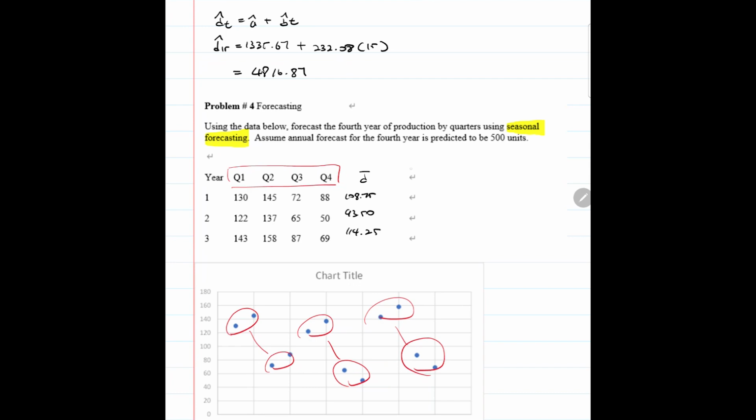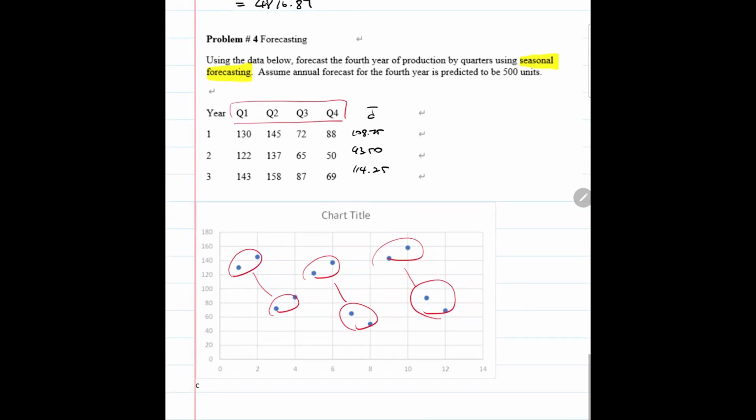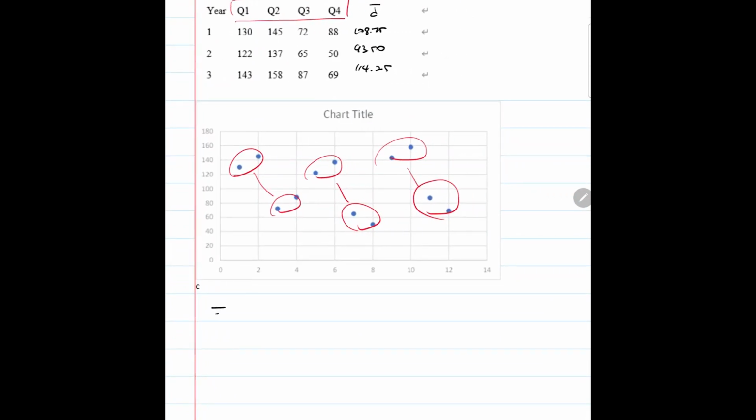And then we need the T bar. Let's put T bar here. It's gonna be 1 plus 2 plus 3 divided by 3. It's gonna be 2.